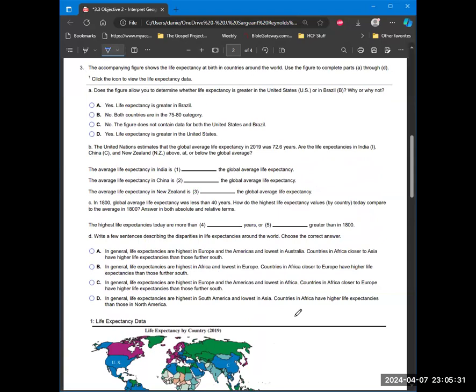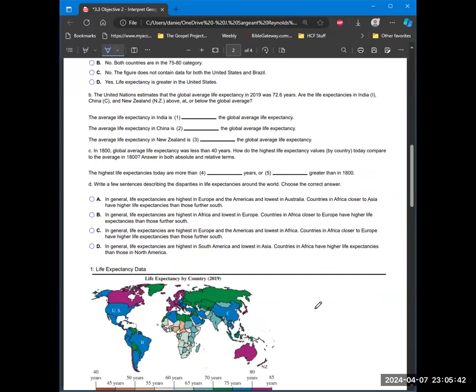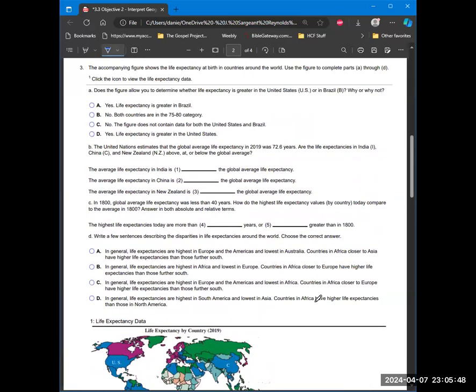Does the figure allow you to determine whether life expectancy is greater in the United States or in Brazil? Why or why not? They are the same color, so they're in the same range of values, but it doesn't tell me specifically that one is higher or lower.